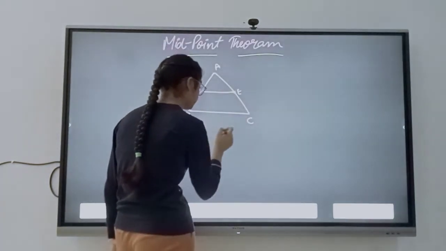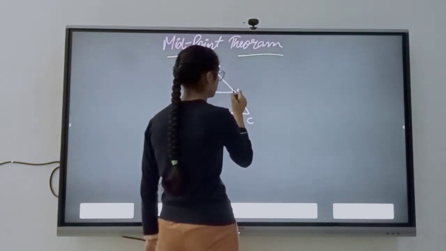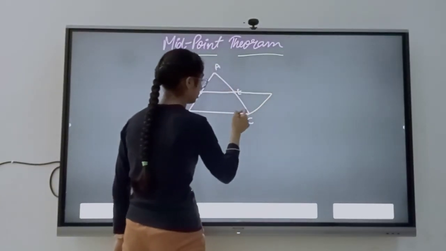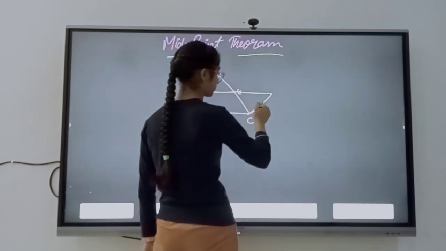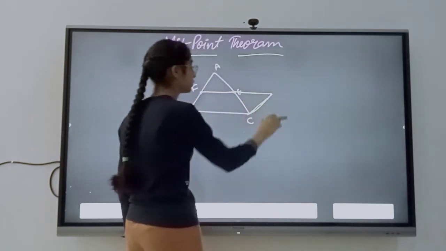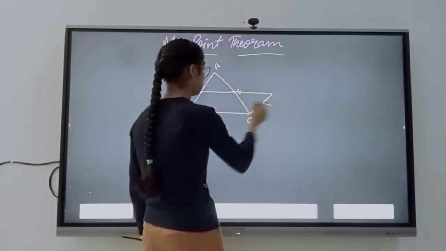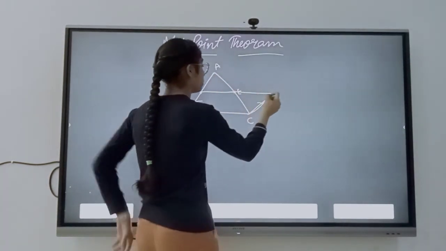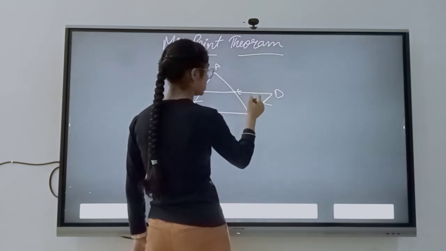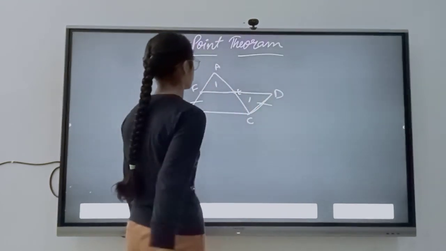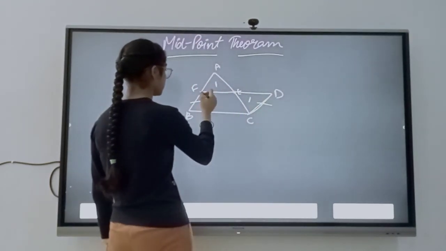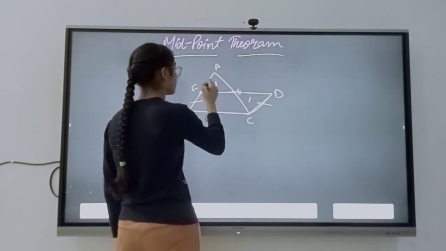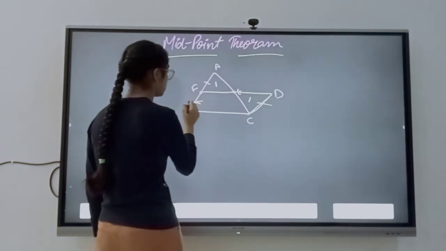To prove that, we'll construct a line from C, and if joined through F, it will be parallel to FB. Now we have to prove that this triangle is congruent to this triangle. Since F is the midpoint of AB, AF will be equal to FB.